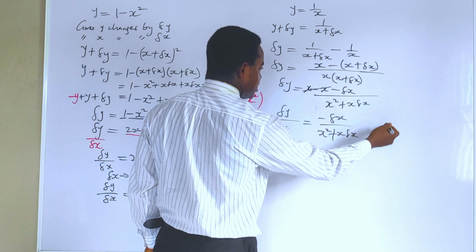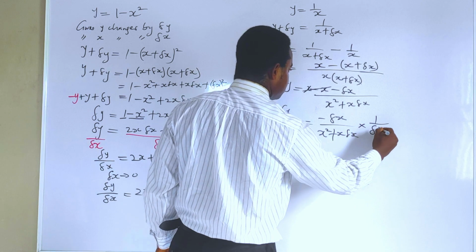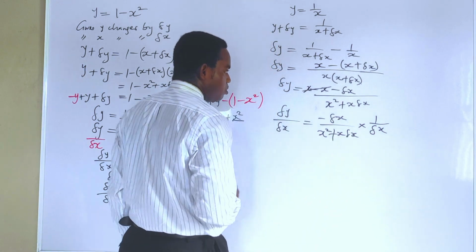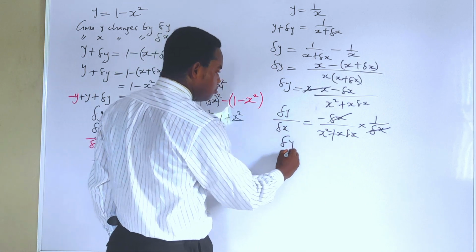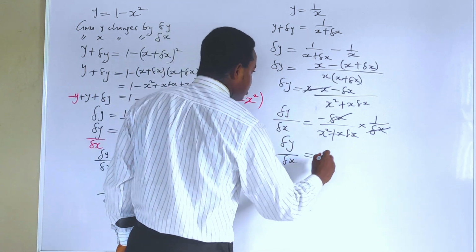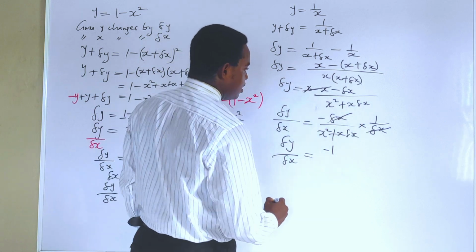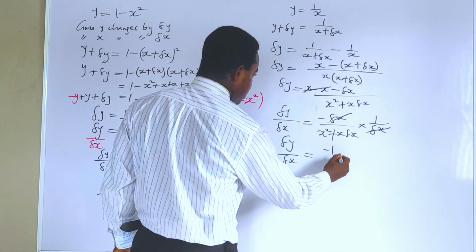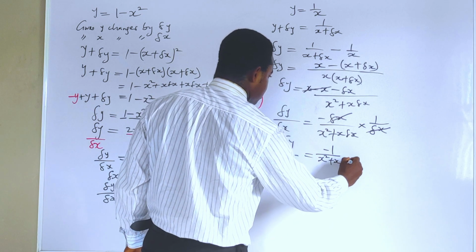Okay, let me multiply this side by 1 all over delta x. Just to save time, I hope you understand that. So this cancels out, right? And we have delta y over delta x equals, so at the numerator now we have -1, right? And all over x raised to power 2 plus x delta x.